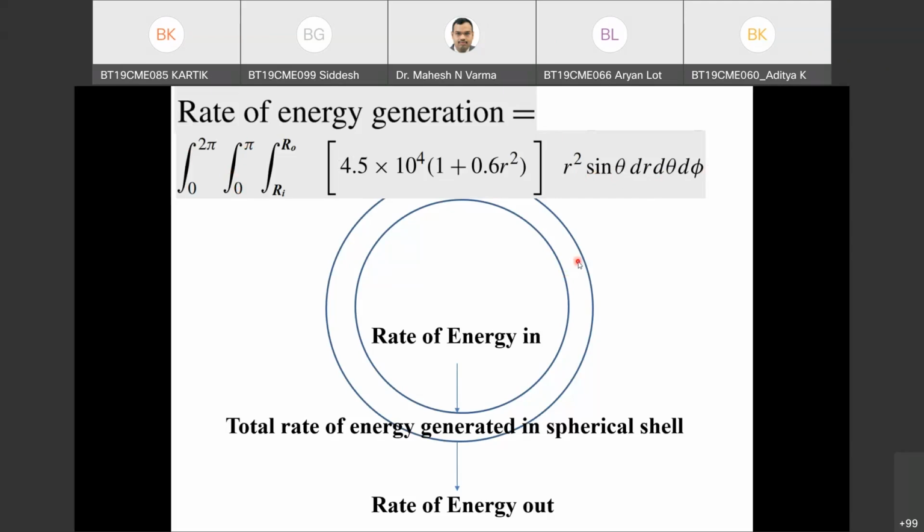So your method and this method are not different. Instead of a plus b plus c, you are doing b plus c plus a. You are just changing the sequence. Otherwise, it is one and the same thing. There is no difference at all.